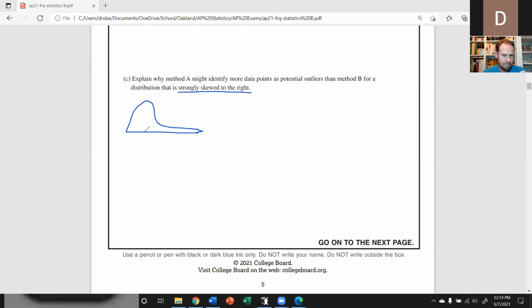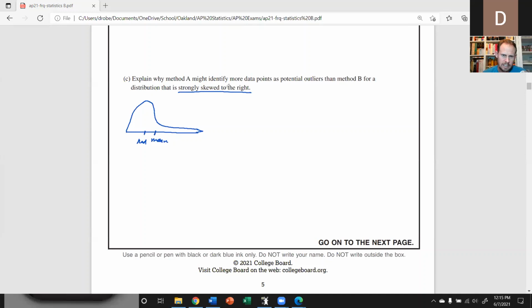Well, for method A, we're kind of measuring from the median. Like we're doing Q1 and Q3 about the median. But for method B, we're going from the mean, which is getting pulled up. Right? So that's really the only thing we know about skewed data: data that's skewed to the right, the mean is going to be above the median.